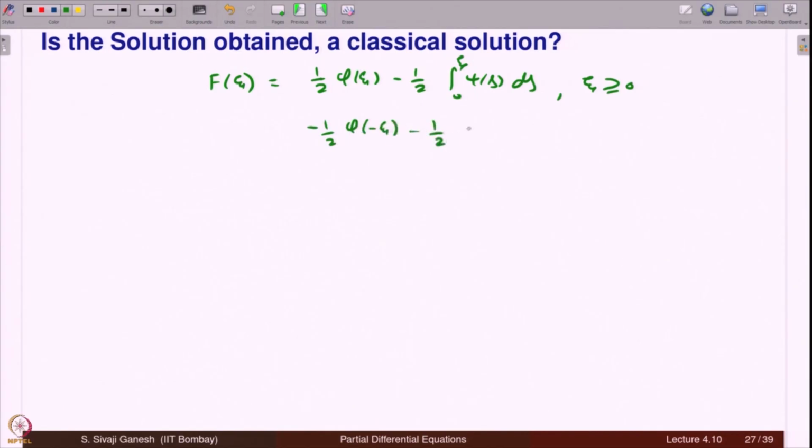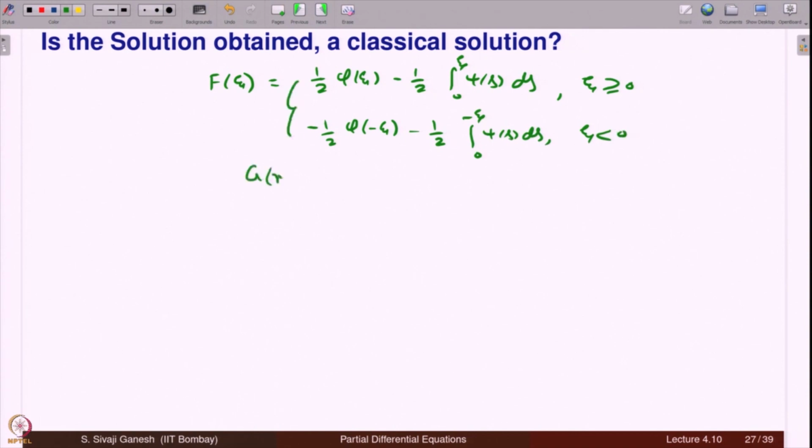Now, the question is: the solution that we obtained, is it a classical solution? So let us write down the solution that we obtained once more. What we got is f of xi equal to half phi of xi minus half integral 0 to xi psi s ds if xi is greater than or equal to 0, and minus half of phi of minus xi minus half integral 0 to minus xi psi s ds if xi is less than 0.